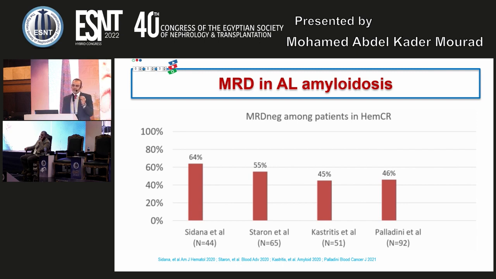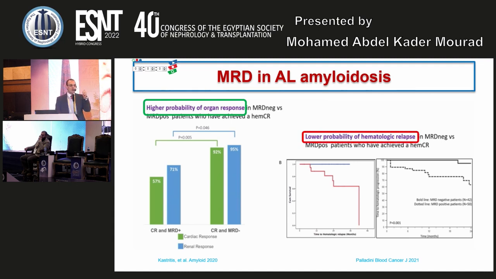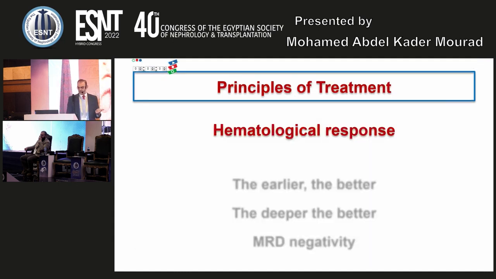What about the minimal residual disease? Dr. Omar beautifully illustrated what is meant by minimal residual disease: the detection of clonal or malignant plasma cells in the peripheral blood or bone marrow that can't be detected by a routine lab. As we see here, in patients attaining minimal residual disease negativity, there is a higher probability of organ response and a lower probability of hematological relapse.